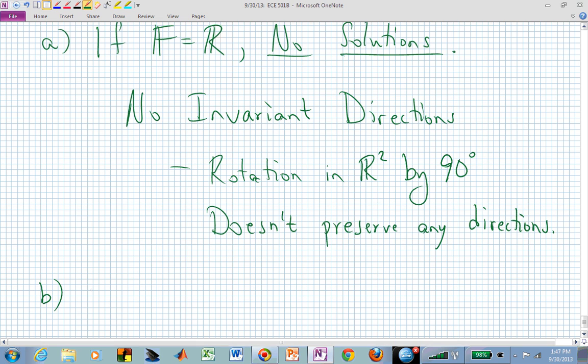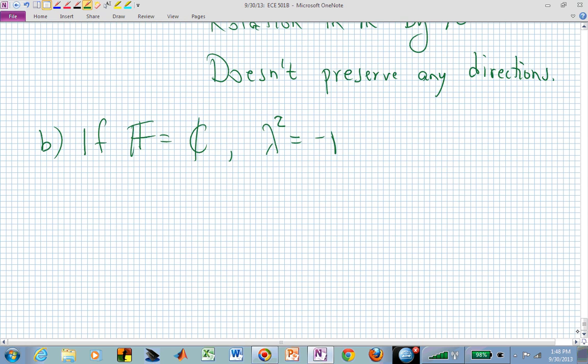What if we loosen the field of numbers up a little bit and we let it be complex? Then lambda squared equaling -1 does allow for a solution. Now we can say that lambda can be plus and minus j, plus and minus the square root of -1.